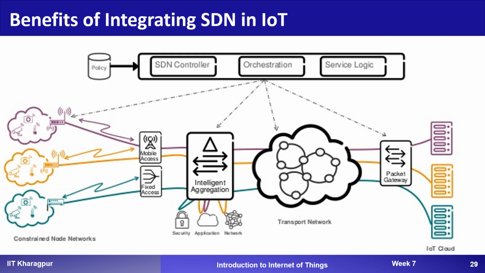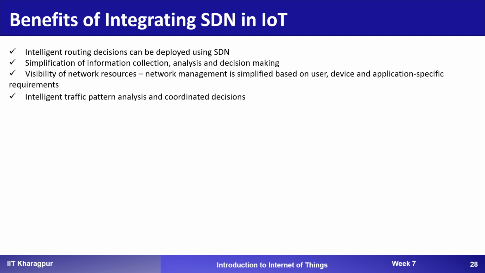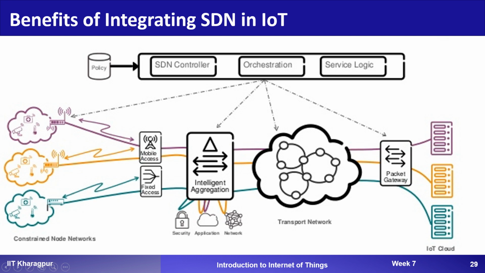Now this is a diagram showing how your different IoT devices are interconnected. Basically, your physical devices are interconnected with the help of your mobile access or fixed access.